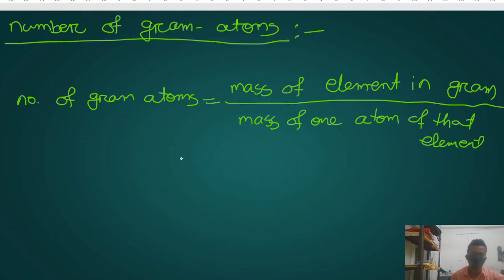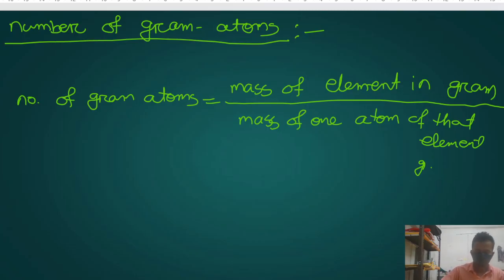So number of gram atoms is equal to mass of element in gram divided by mass of one atom of that element in gram.